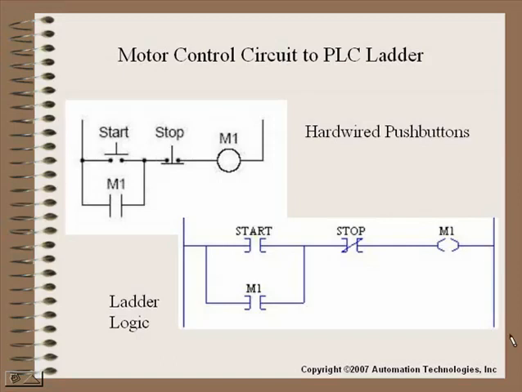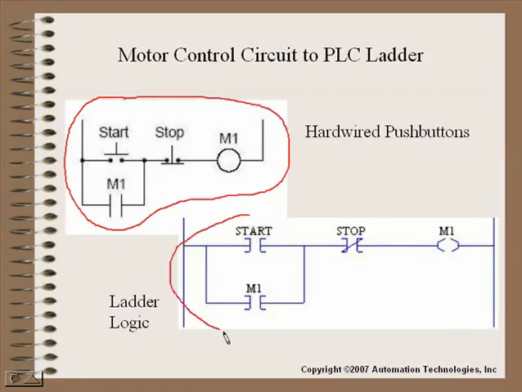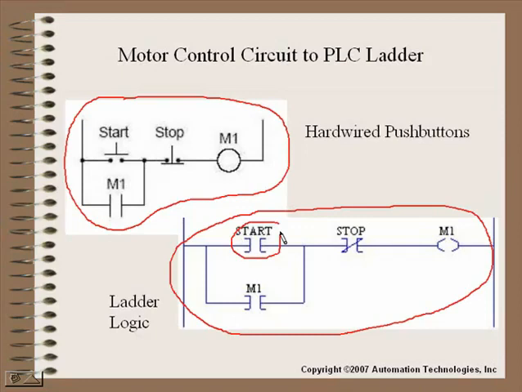So this gives us a situation where we have our hardwired circuit above here, and we have our PLC ladder logic representation of that circuit. Now, this start contact, you see the difference?